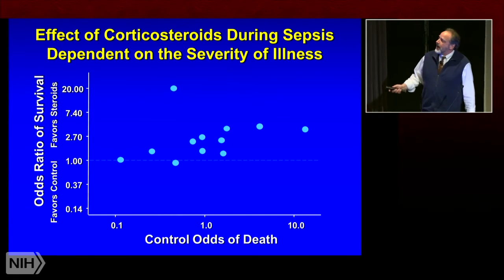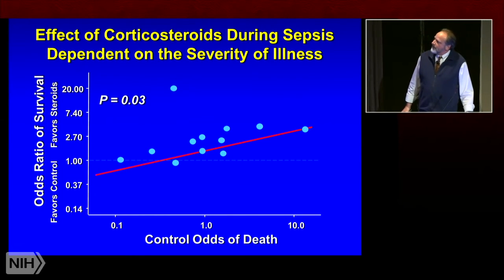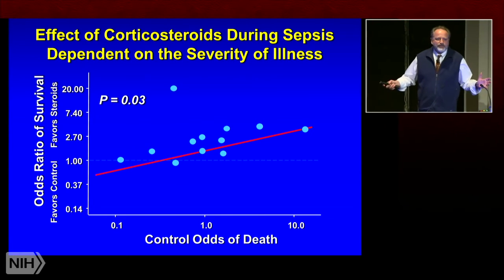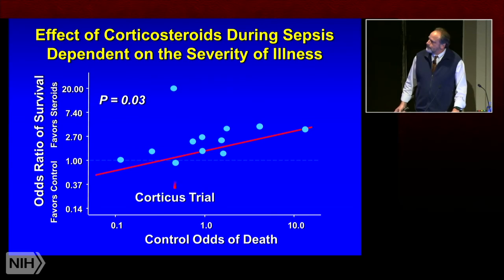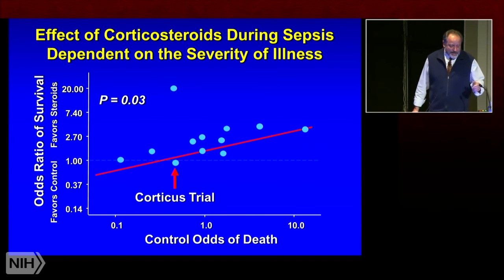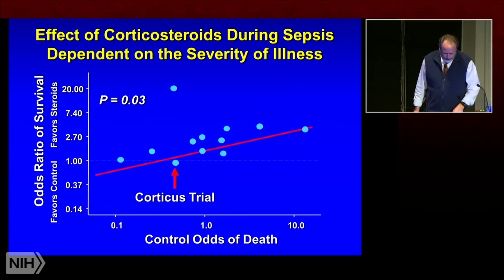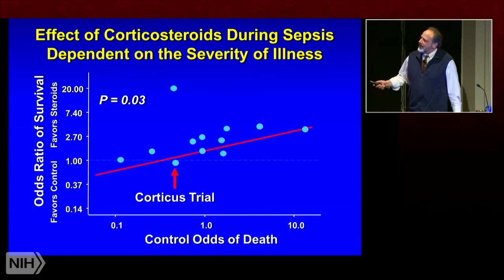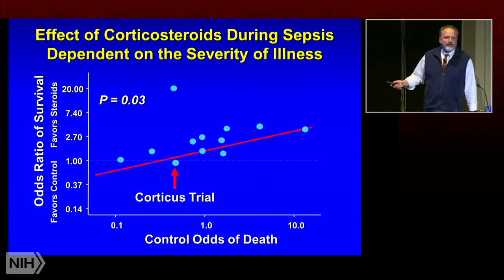So when we graphed this against the control odds of death, we found this same relationship again, but which one's the Corticus? Well, it was studied at a very low control mortality rate, and it turns out it's not unexpected what they found. Well, this is a large, multi-center, randomized controlled trial.